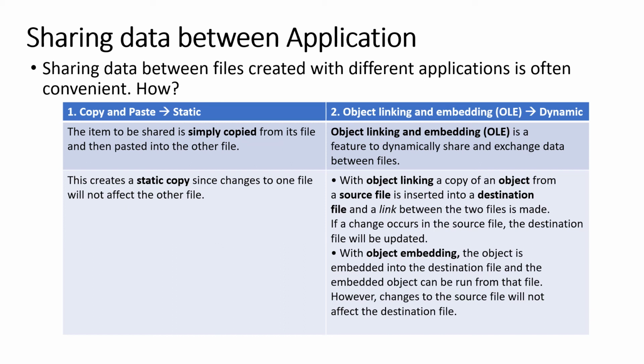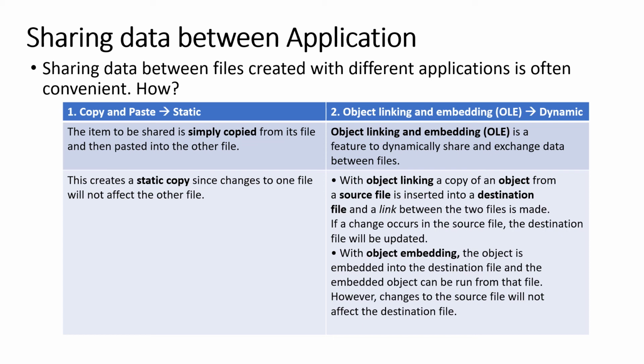When we are talking about application software, another issue that we need to address is also about sharing of data between applications. It can be done simply by using copy and paste. You copy something from one application and then you paste it into another application.